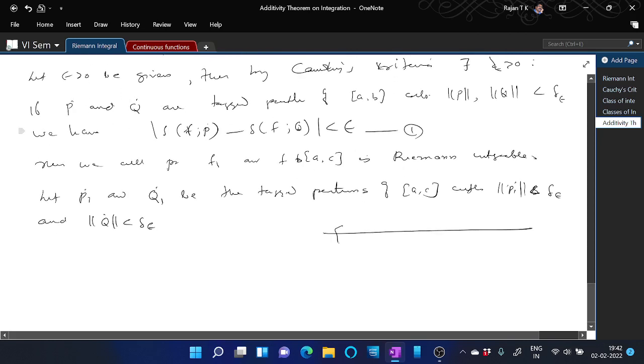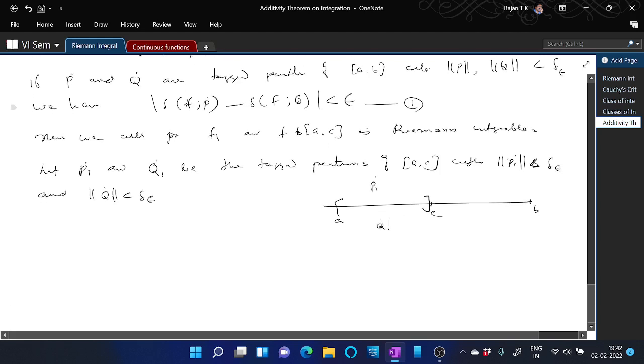So we have taken two tagged partitions P1 and Q1 of [A,C] with norm P1 less than delta epsilon and norm Q1 less than delta epsilon.